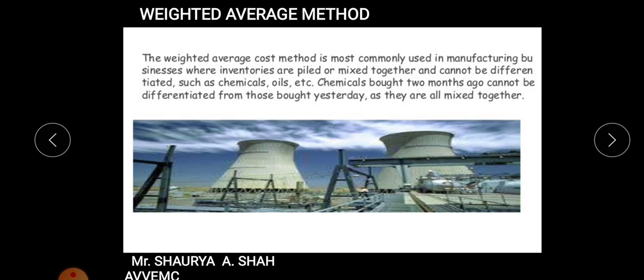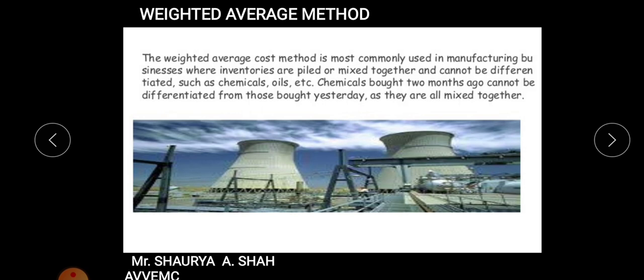Now where this method is particularly used, students, you need to be clear with that part. The weighted average cost method is most commonly used in manufacturing business, where inventories are piled up or mixed up together and cannot be differentiated, such as chemicals and oils, right? Whenever you go to a chemical industry, the material which they have, they don't keep it separately according to the prices or the purchases.